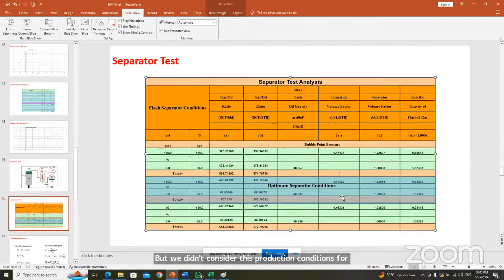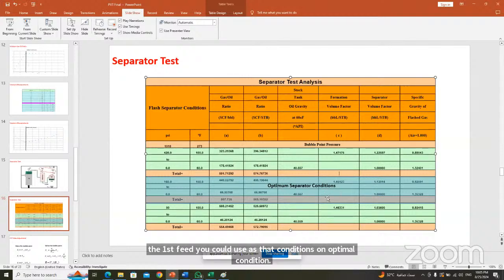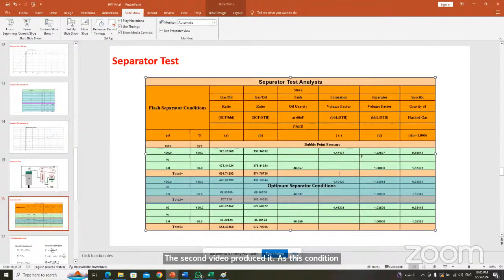So, for example, if you have two fields with the same reservoir fluid, the first field you produce at the non-optimal condition, and the second field you produce at this condition. Should you have the same formation volume factor for both fields, or different ones? Of course, you should have different formation volume factors.